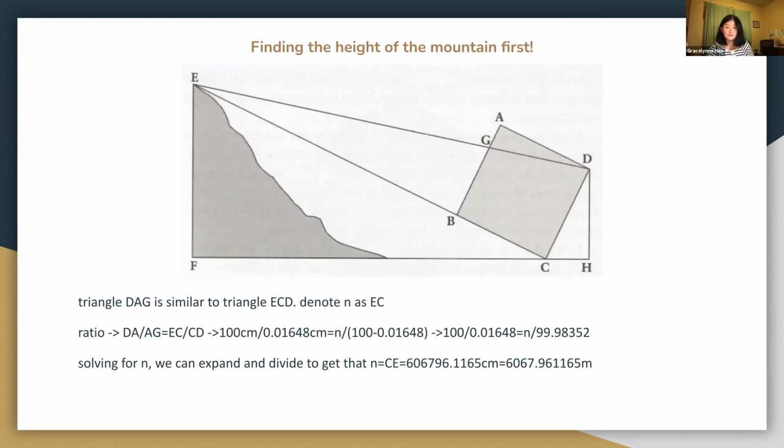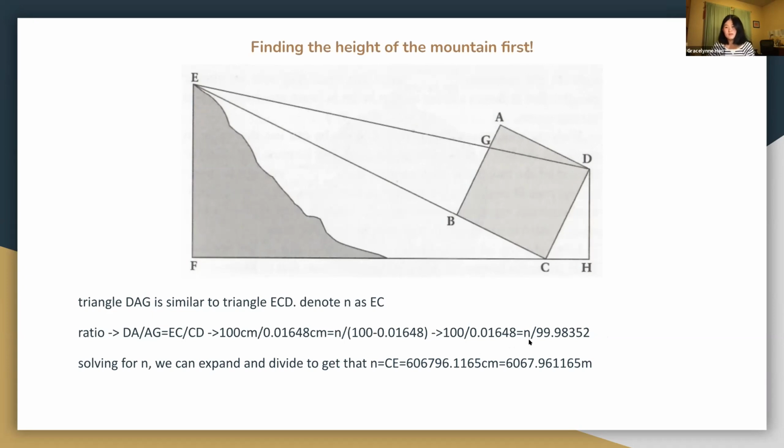Like I mentioned, he did know all of these lengths. So he was given 100 centimeters and these lengths. Writing these into a ratio, he could then simplify this to this, right?